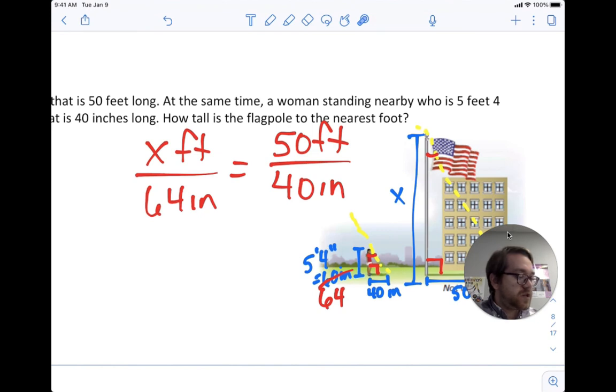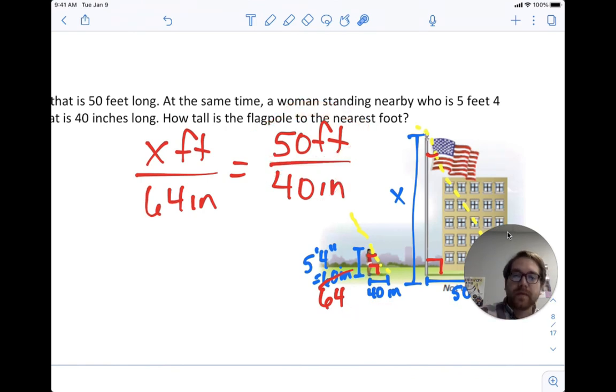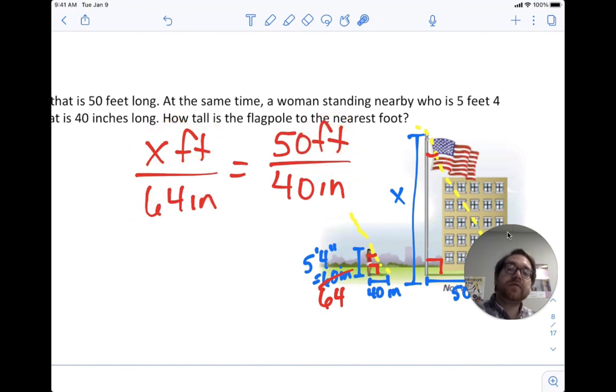But that's the ratio between the height of the flagpole and the height of the woman: x feet and 64 inches. And I converted that to inches because over here I'm going to do feet over inches, right? Because they gave us her shadow in inches as well. So as long as I'm consistent with my units, feet over inches, that's okay. You could convert it all to the same measurement, that's fine, or you can do it like this.